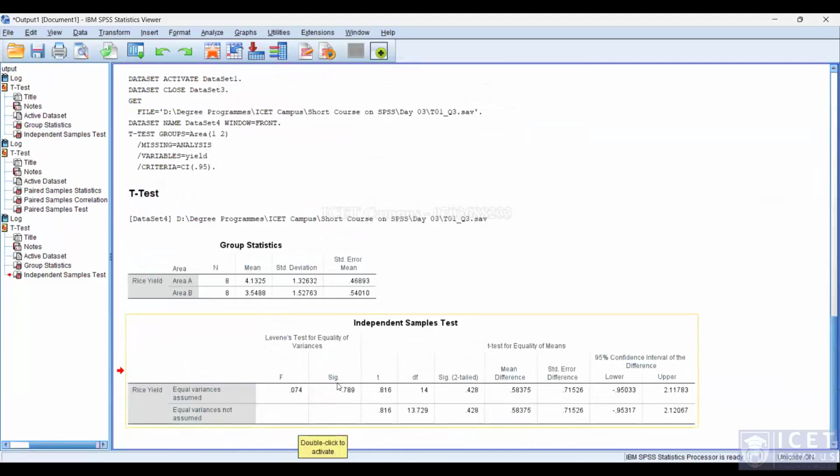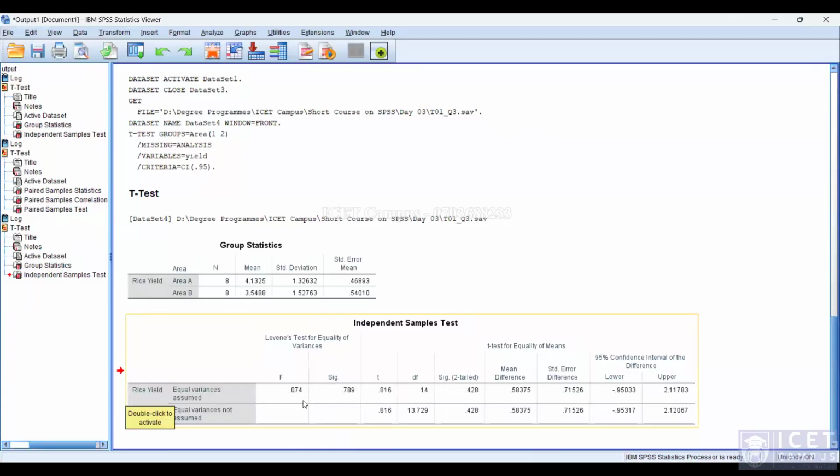Therefore, you can see here the p-value is 0.789. It is greater than 0.05. It means that in the null hypothesis, what we are writing is that there is no difference between the groups.